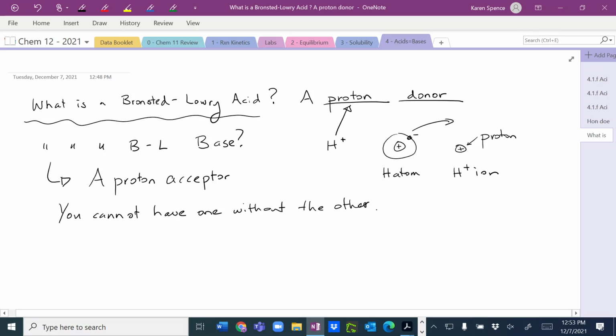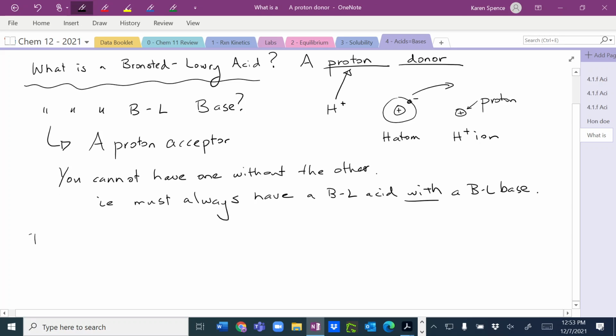If you're taking a proton, it has to come from somewhere, yes? You cannot have one without the other, i.e. you must always have a Bronsted Lowry acid with a Bronsted Lowry base.